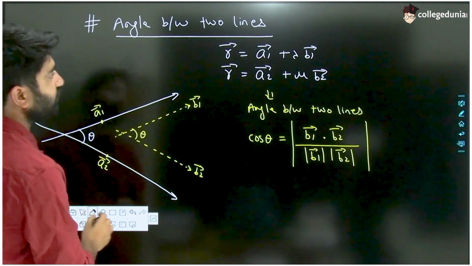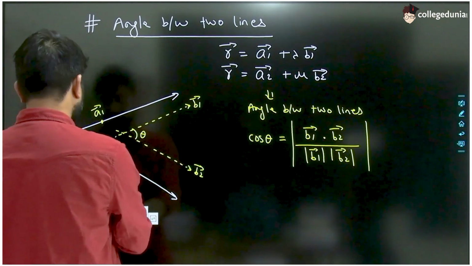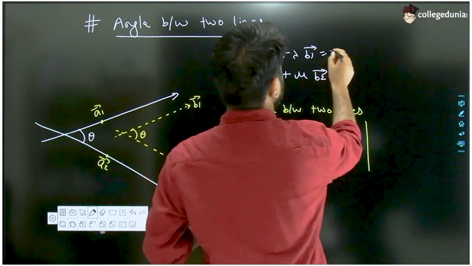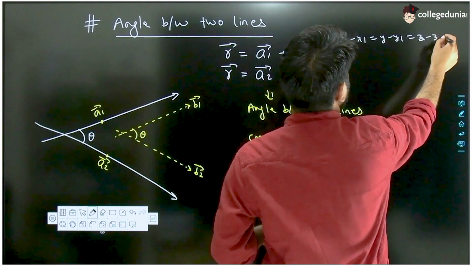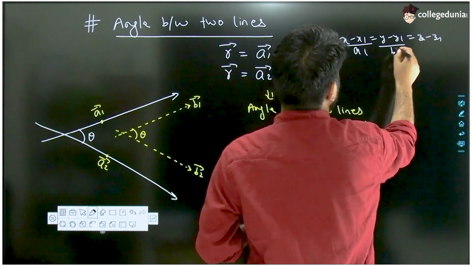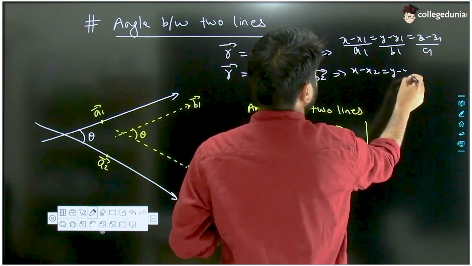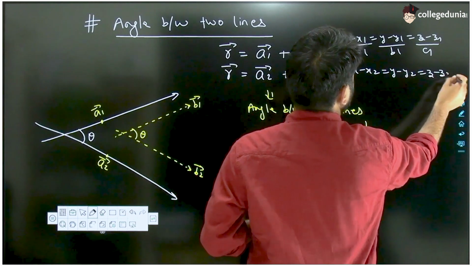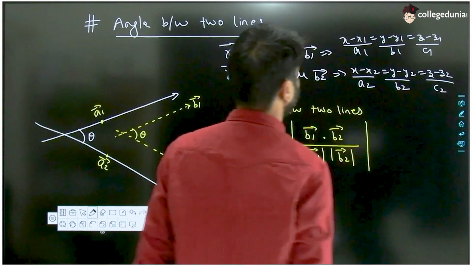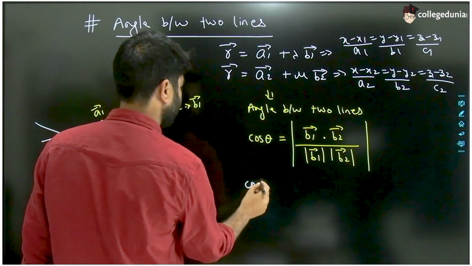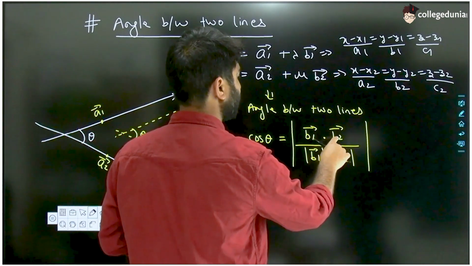Suppose the equations are given in Cartesian form. Okay, so the two equations will look like this: x minus x1, y minus y1, z minus z1 divided by a1, b1, c1, and x minus x2, y minus y2 and z minus z2 divided by a2, b2 and c2. So guys, in this situation cos theta is equal to the dot product of b1 vector and b2 vector.